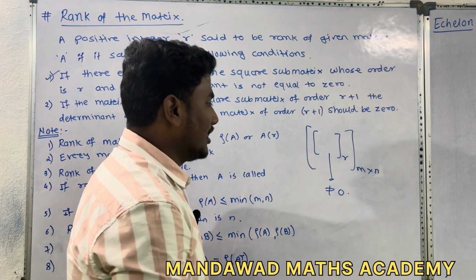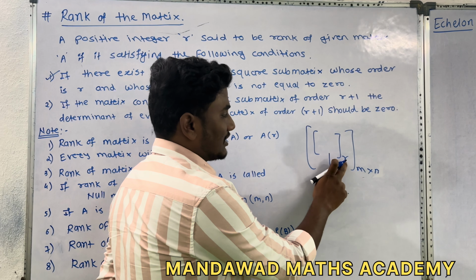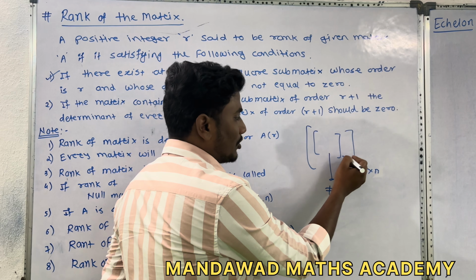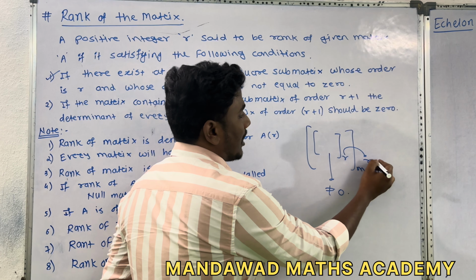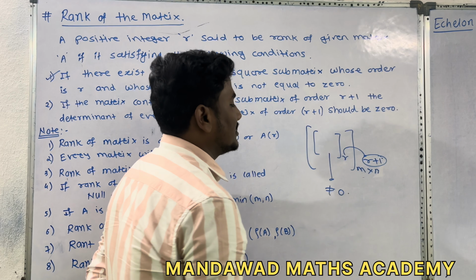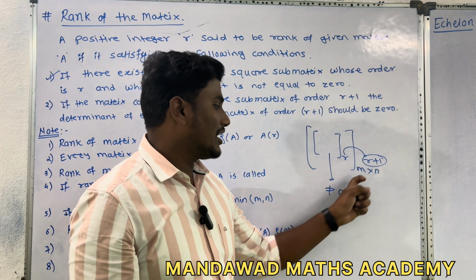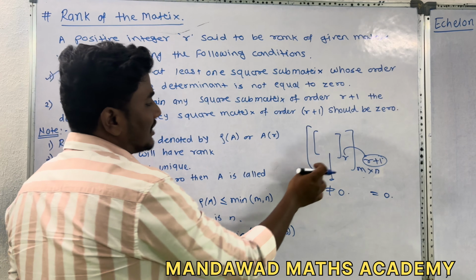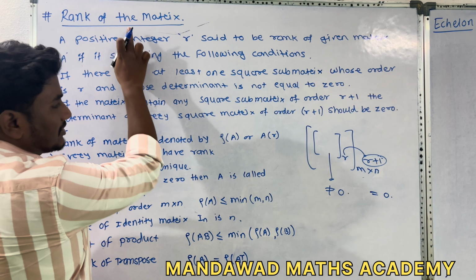So you can remember, suppose the rank of this given matrix is r, then we check r plus 1. What is the determinant of this r plus 1 matrix? That should be 0.